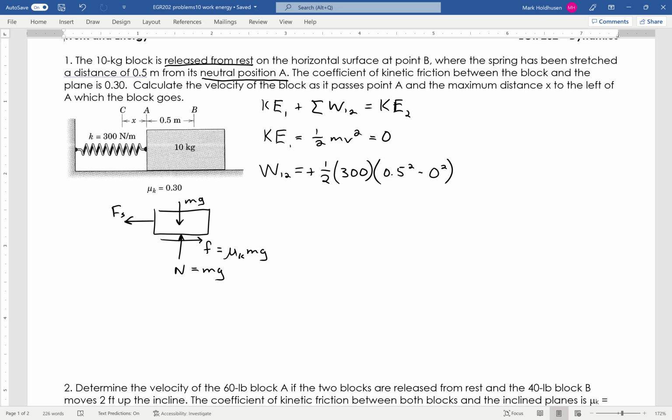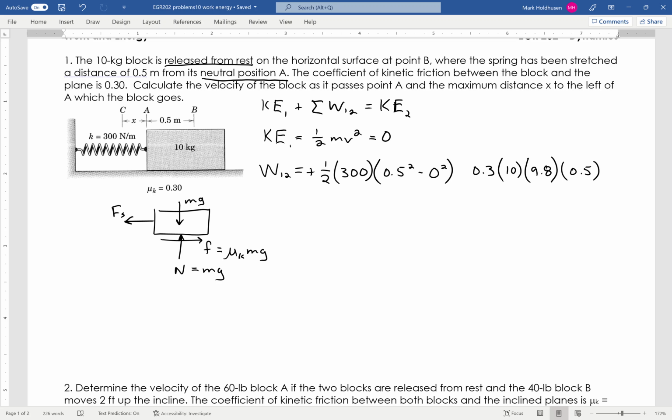So I have that friction force, which is mu k, 0.3, times the mass, which is 10. That's the force, and that force acts over the distance of 0.5 meters. Again, it's force through a distance. Now, is that positive work or negative work? Motion is to the left, friction is to the right.